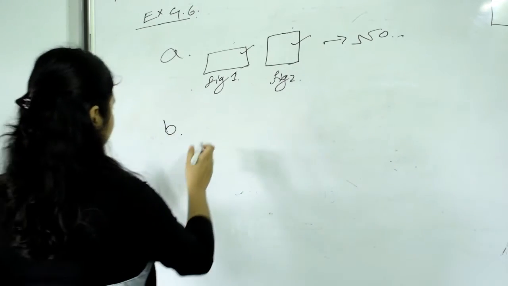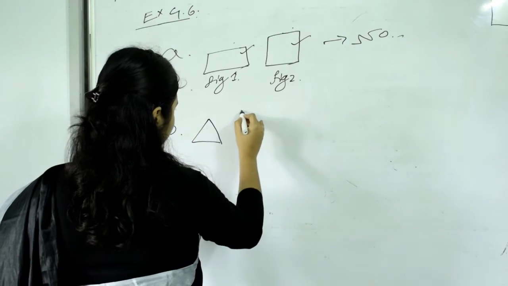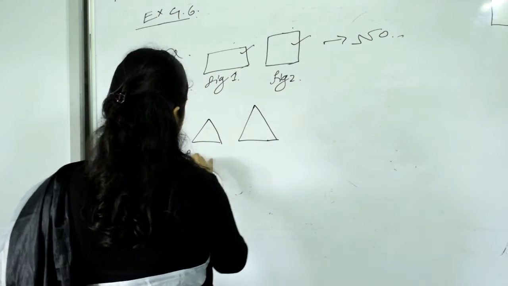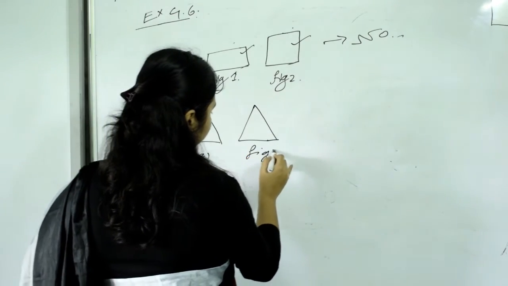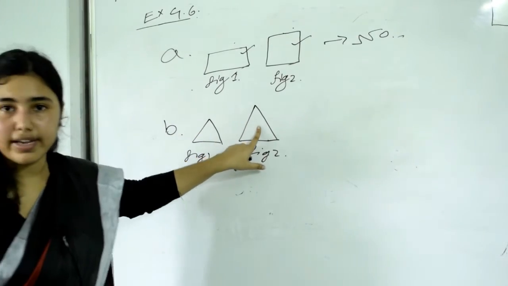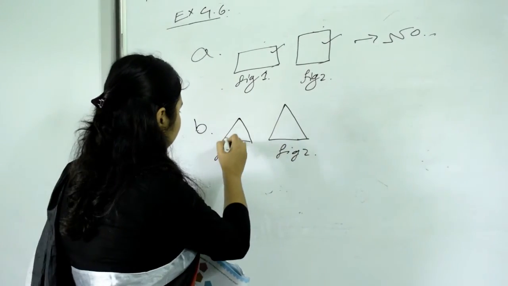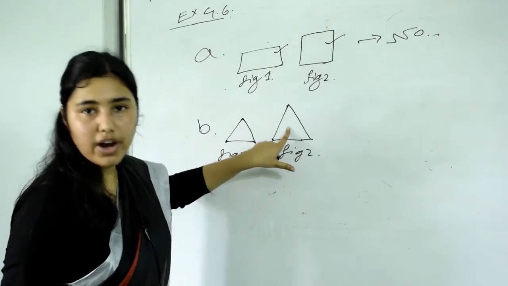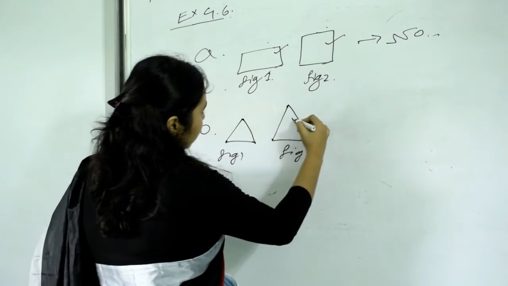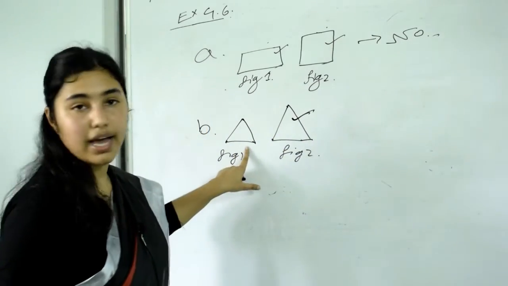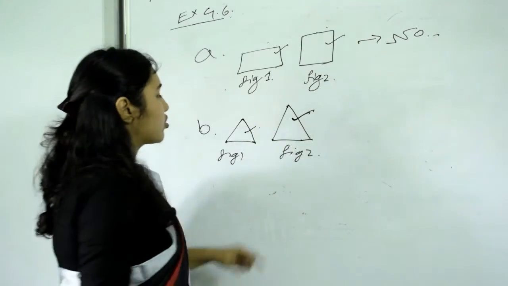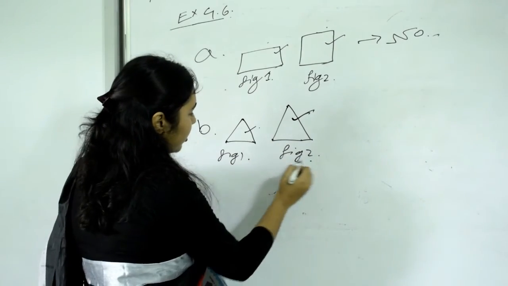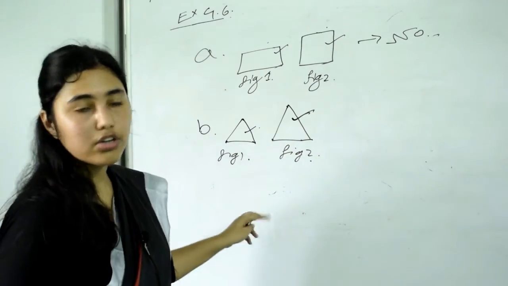Next, B. This is figure 1 and this is figure 2. Both are triangles, right? 3 vertices and 3 sides. So both are triangles, but figure 2 is bigger than figure 1. So they are not the same size, which means these two figures are also not congruent.